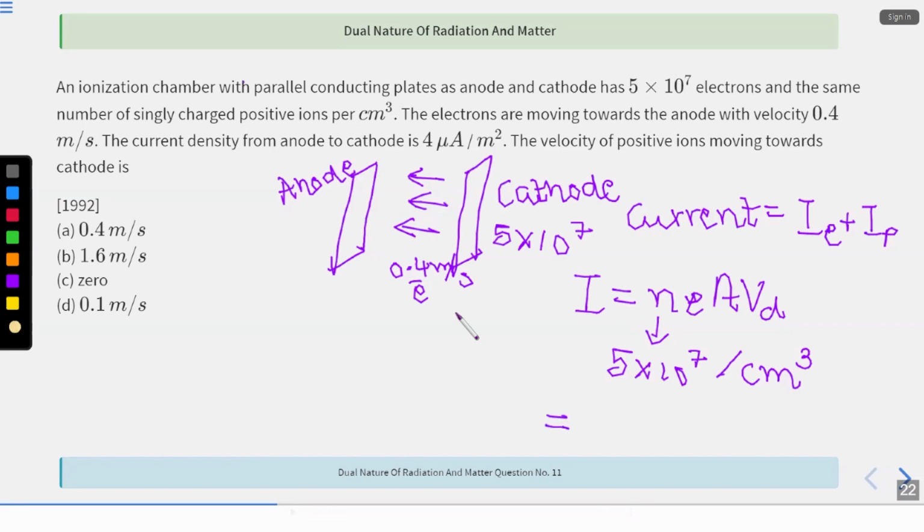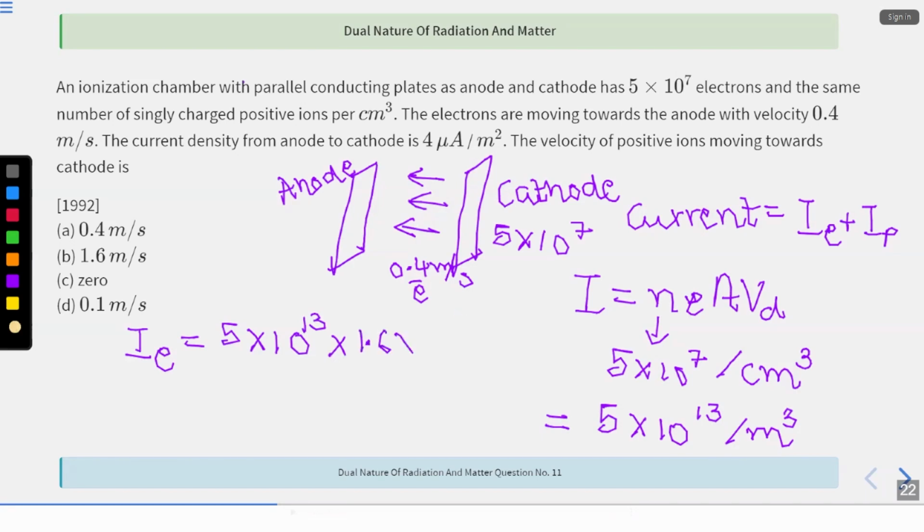So it is nothing but 5 into 10 to the power 13 per meter cube. And we know that, let's calculate Ie. It is nEAvd, which is 5 into 10 to the power 13 into e, which is 1.6 into 10 to the power minus 19.